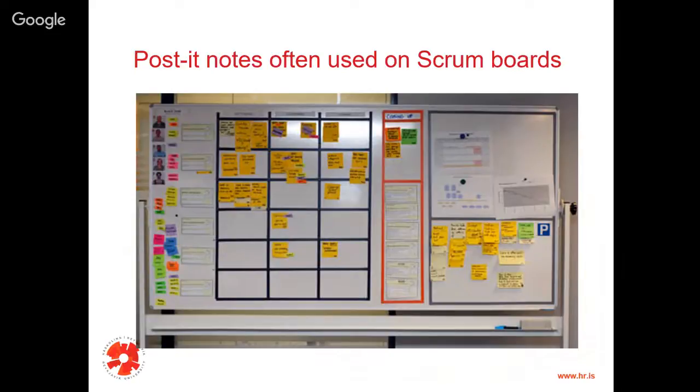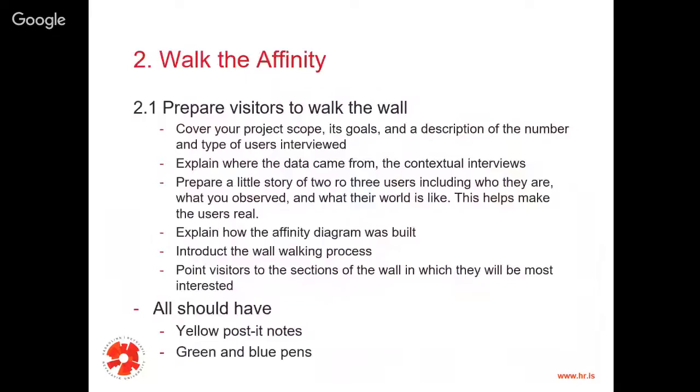And post-it notes are very popular in the software industry, on the Scrum boards and in various group work. Okay, so the second one, how do we approach this method of walking the wall?